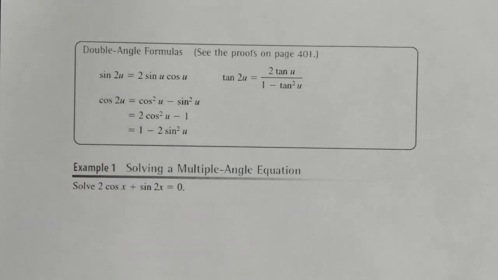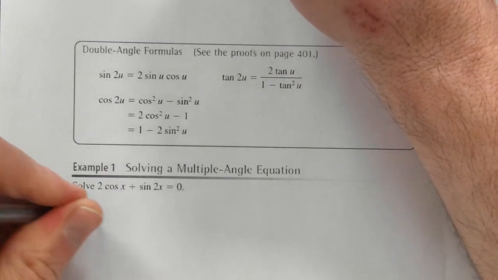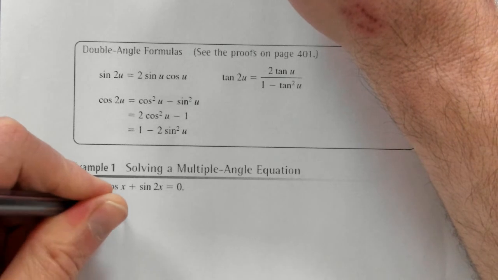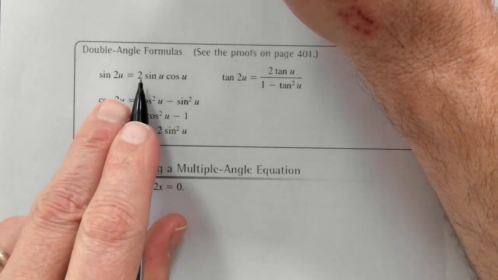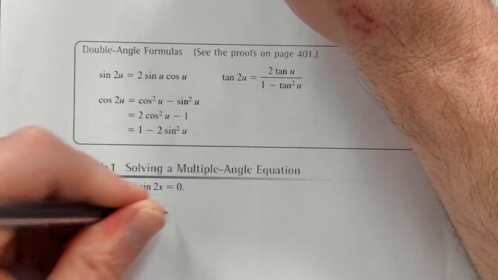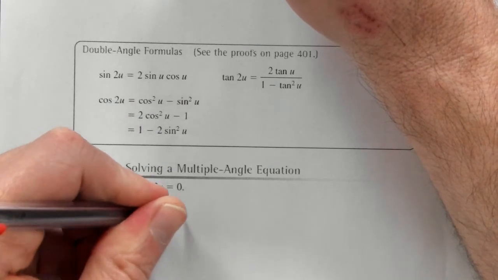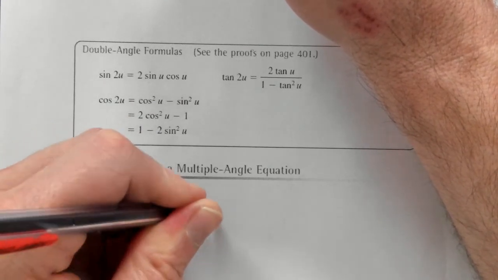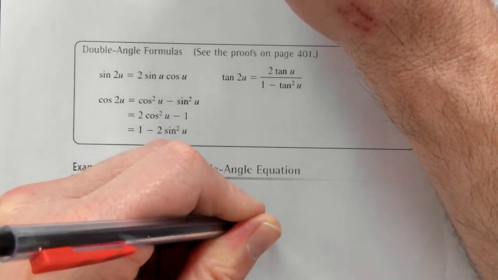All right, so let's see what happens. Once I substitute that in, I'll have 2 cosine x, and sine of 2x becomes 2 sine of x cosine x. So it'll be plus 2 sine of x cosine x, and it's equal to 0.